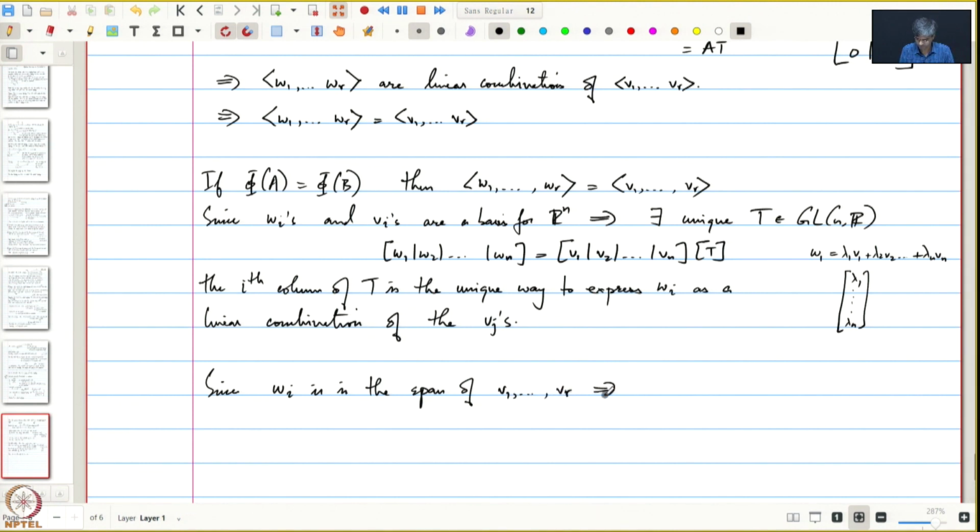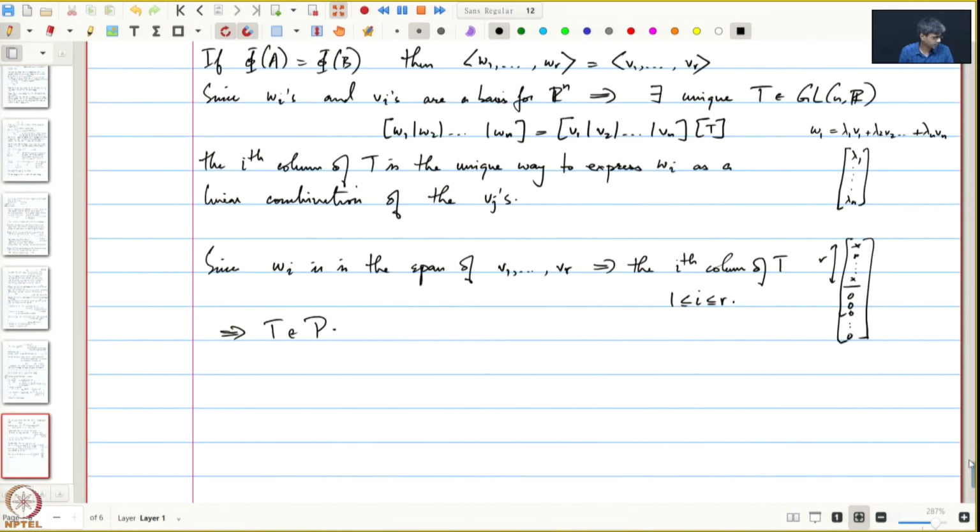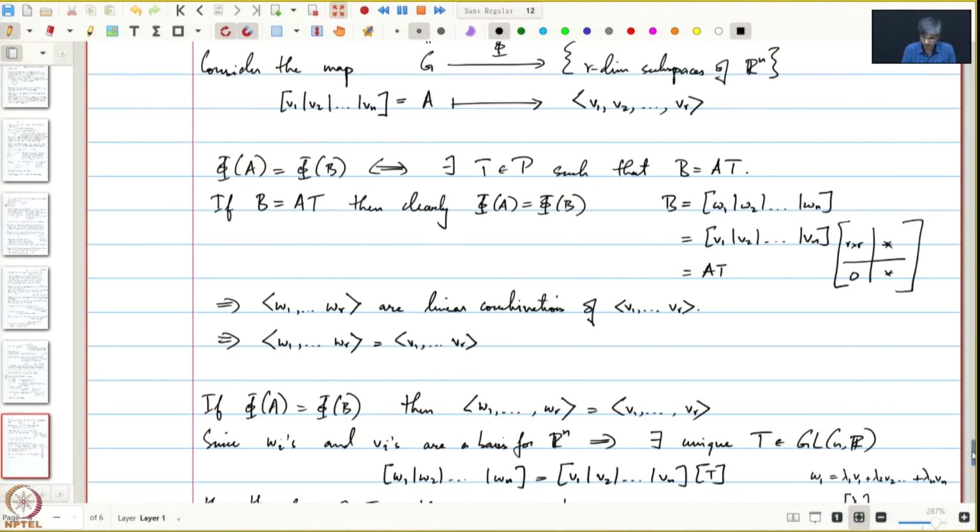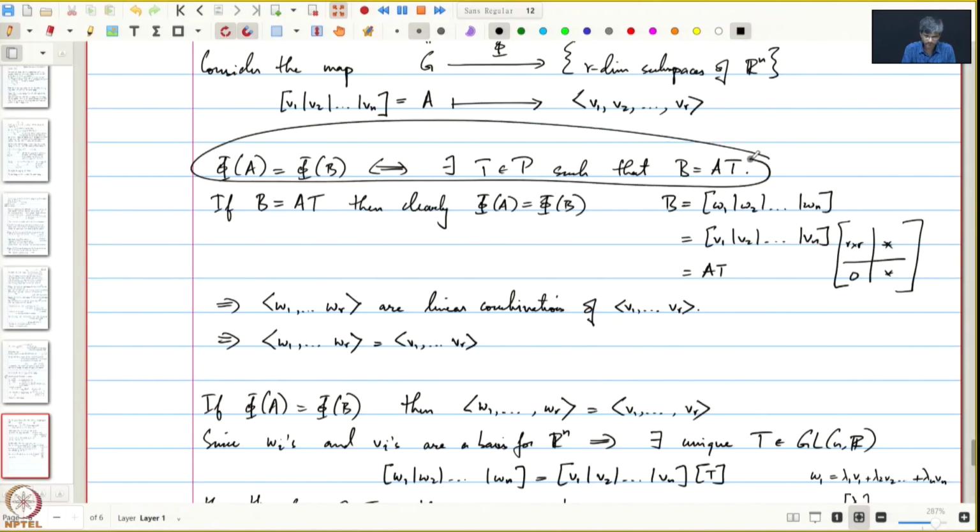So this implies that the ith column of T is going to look like this, and everything else will be 0, and this happens for i lying between 1 and r. So this clearly implies that T belongs to P. So this proves this claim.